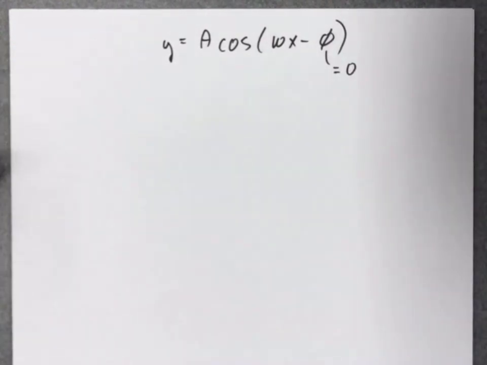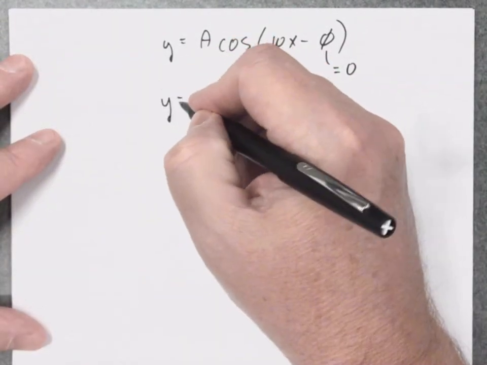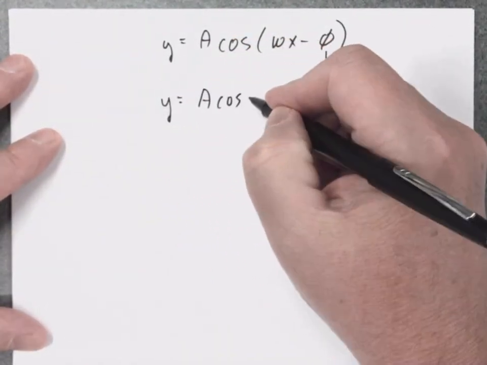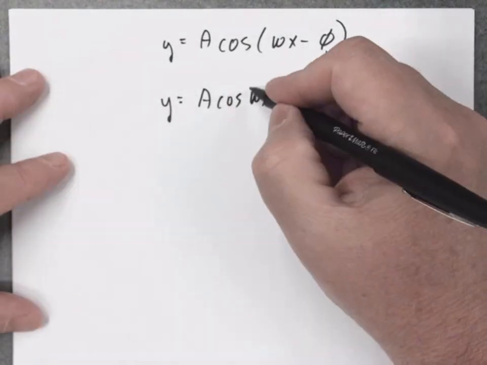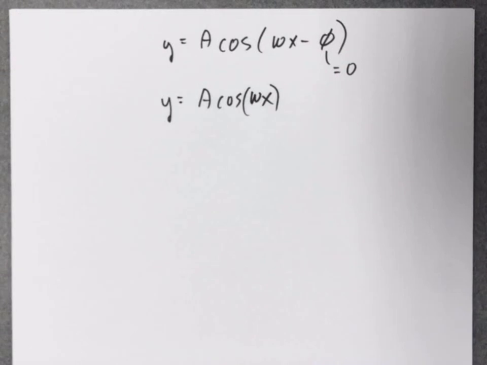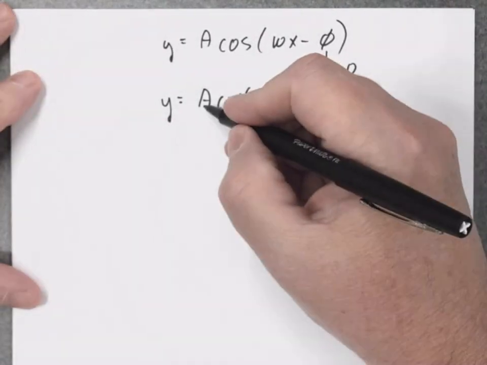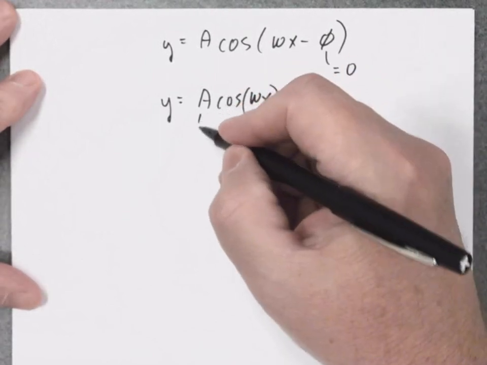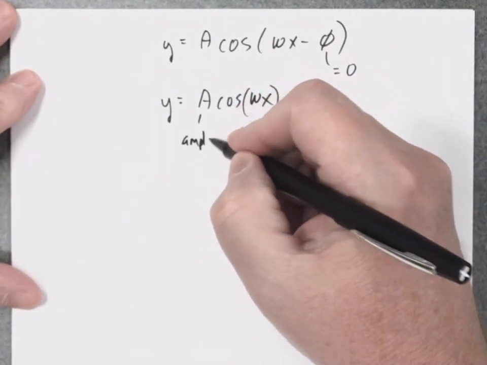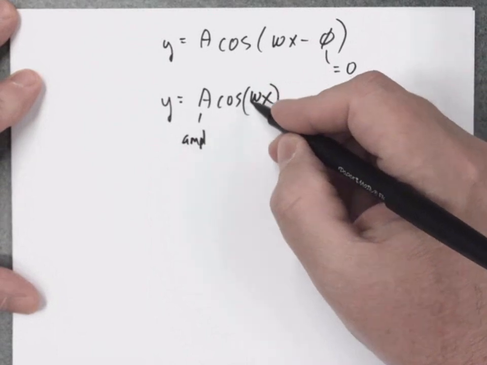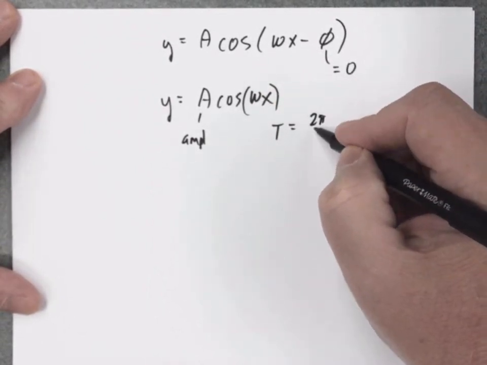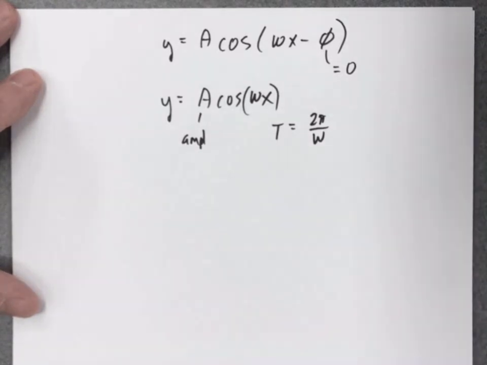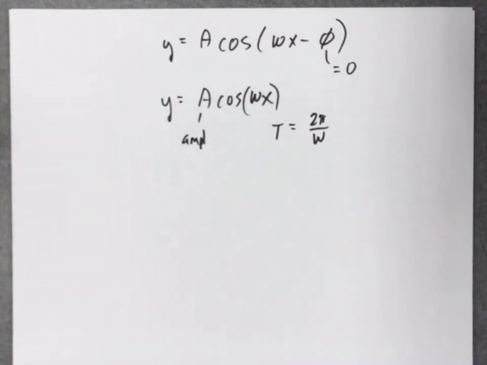If this phi is 0, then our equation looks like this, and there is no phase shift. Just a quick review, the A will be the amplitude, and this omega allows us to determine the period. So we will need those two things.